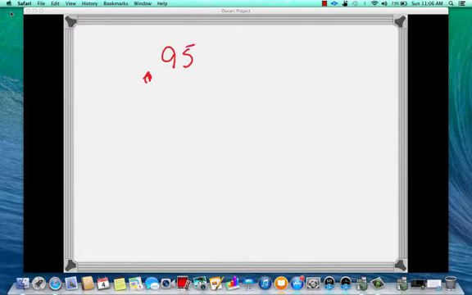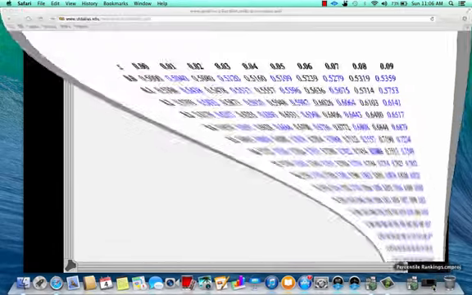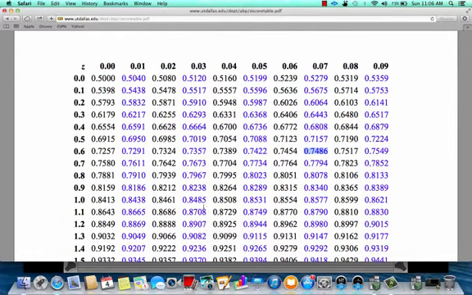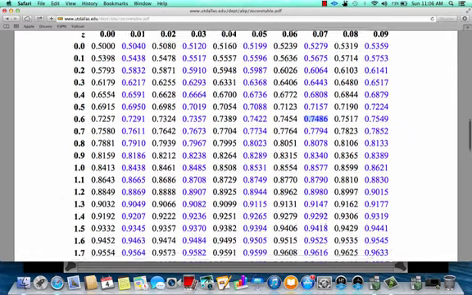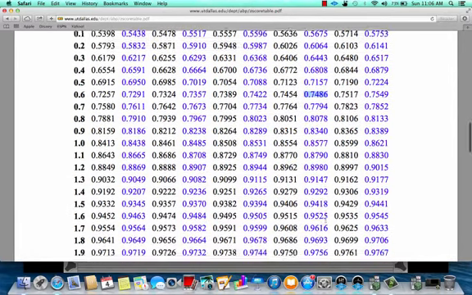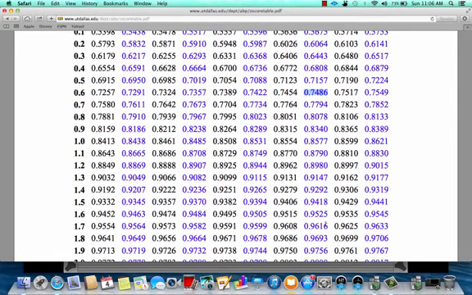We need to find the z-score that relates to that. And here you've got to get real close. Sometimes you're right smack dab in the middle. Well, here's 0.9495. That's pretty daggone close to 0.95. But at the same time, we've got 0.9505.